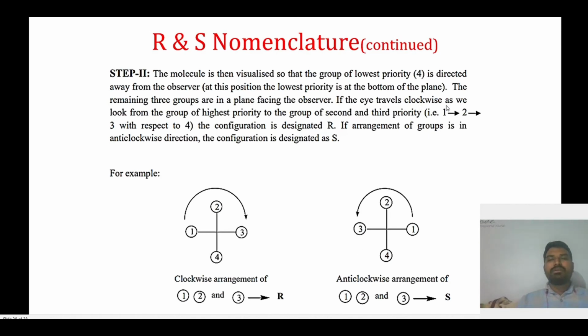If the eye travels clockwise as we look from the group of highest priority to the groups of second and third priority, meaning if our eyes go in a clockwise direction from 1, 2 and 3, then it is R configuration. And if our eyes go through 1, 2 and 3 in an anti-clockwise arrangement, that is S configuration.